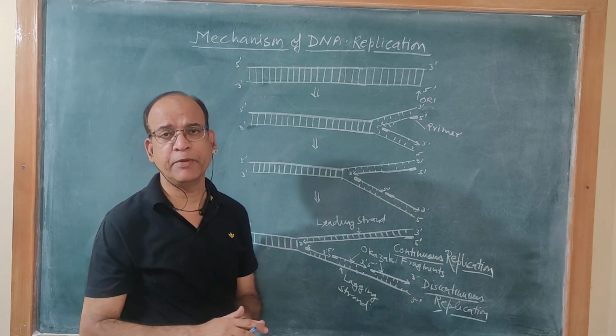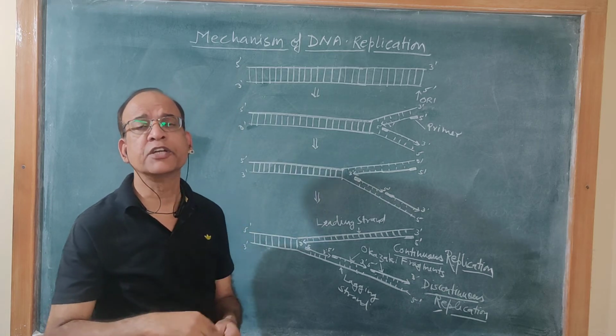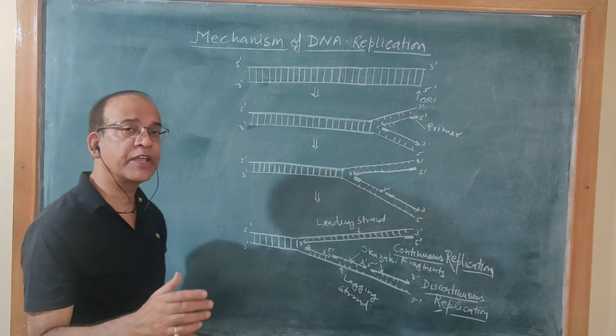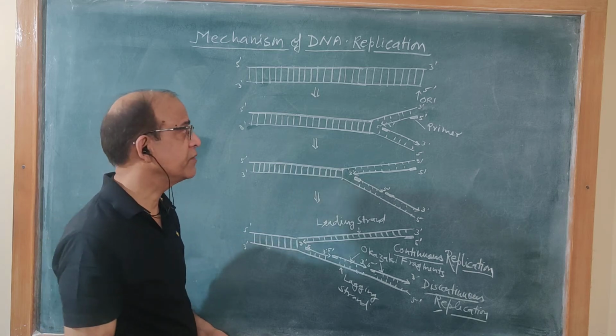The process of replication always proceeds from the 5' terminal to the 3' terminal. So a new strand of DNA always begins to form from the 5' terminal towards the 3' terminal.